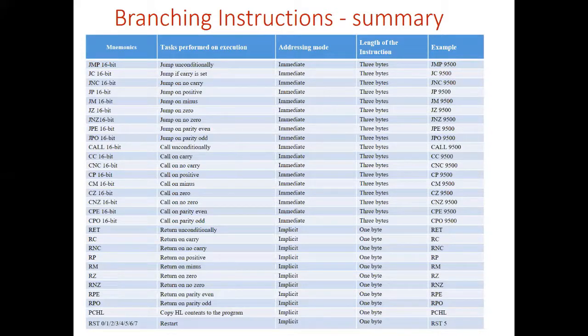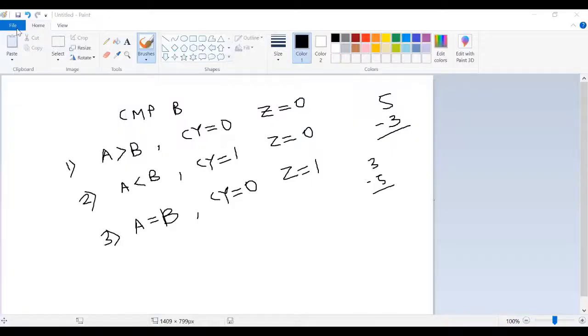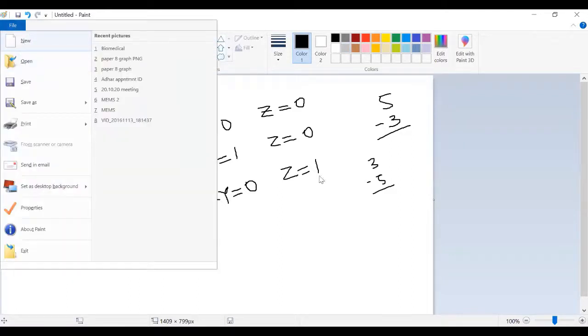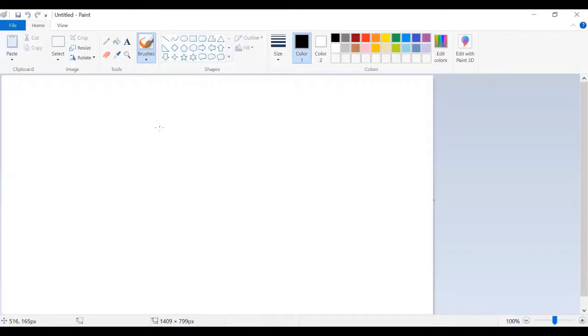Here a microprocessor executes the program instructions one by one.